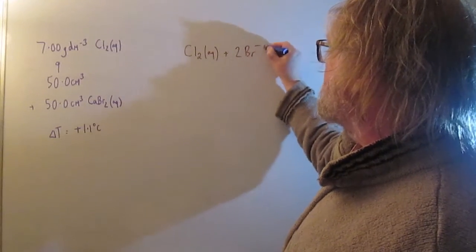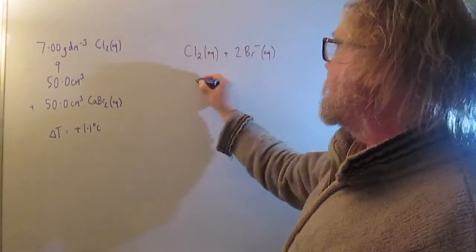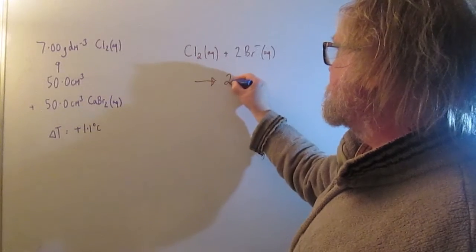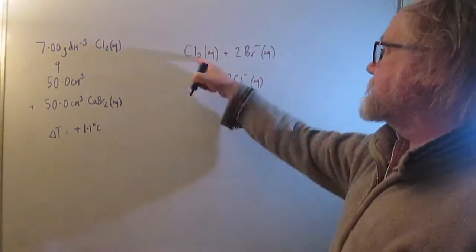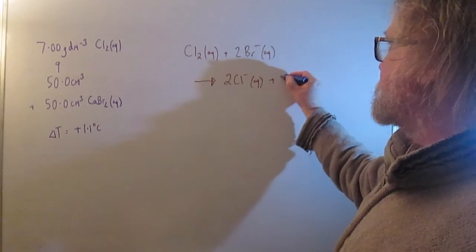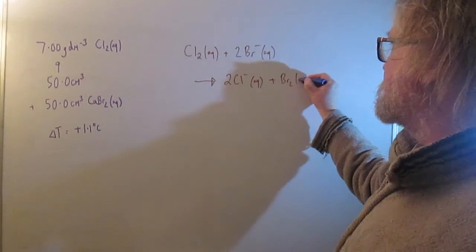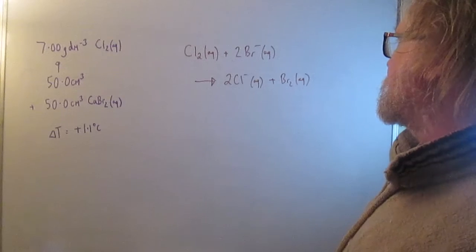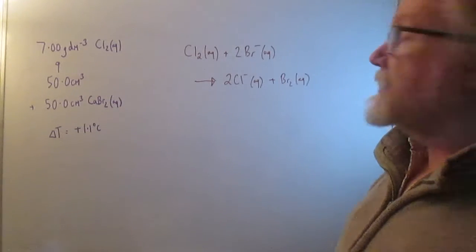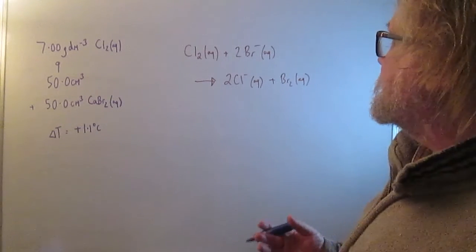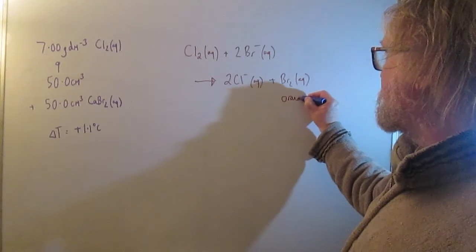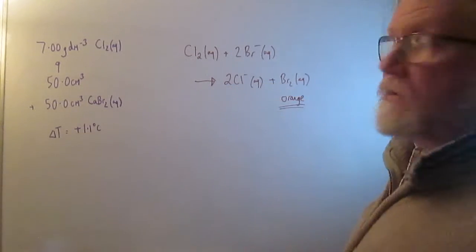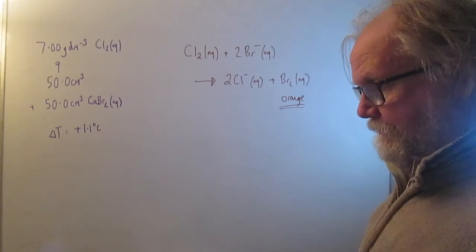So we have 2Br minus, and that will turn into 2Cl minus as the chlorine is reduced, and Br2 as the bromide is oxidized. So the observation is going to be that the solution will turn orange because the bromine is an orange colour.